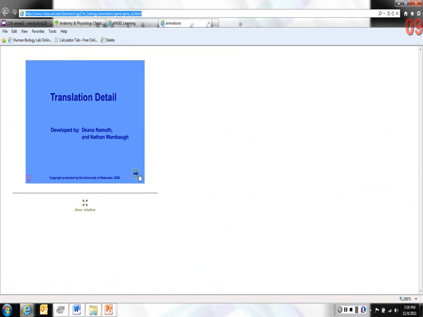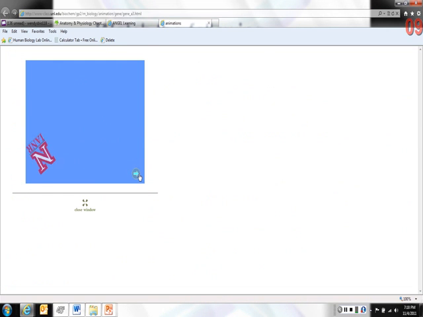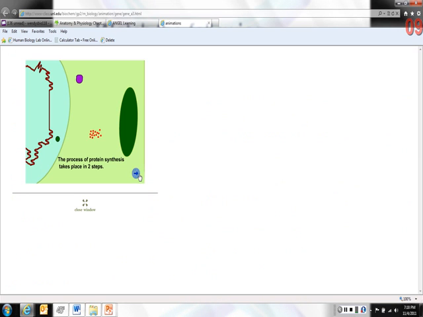This animation on translation is also produced by the University of Nebraska. The process of protein synthesis takes place in 2 steps. During the first step, called transcription, an mRNA copy is made of the DNA.